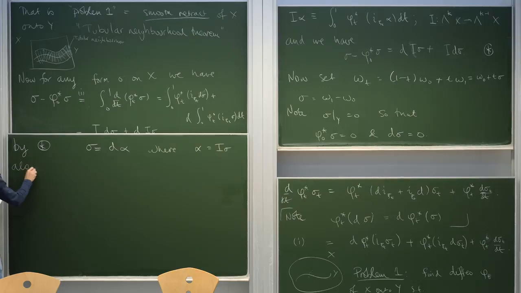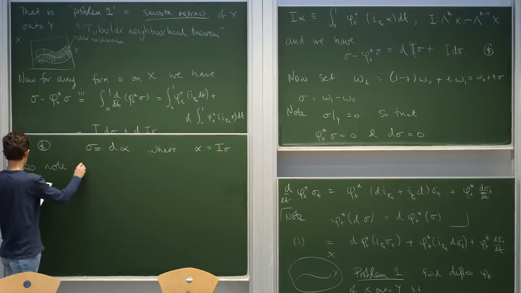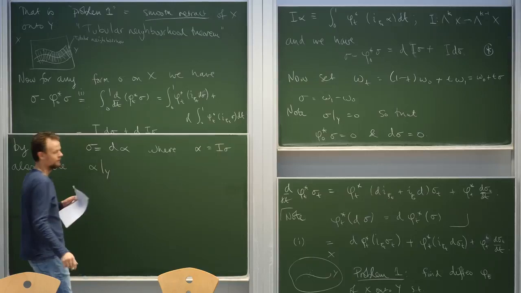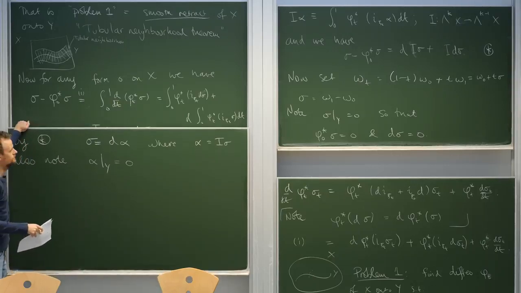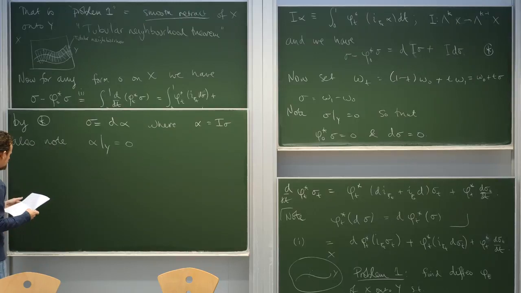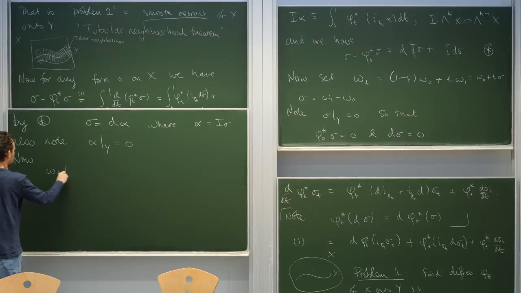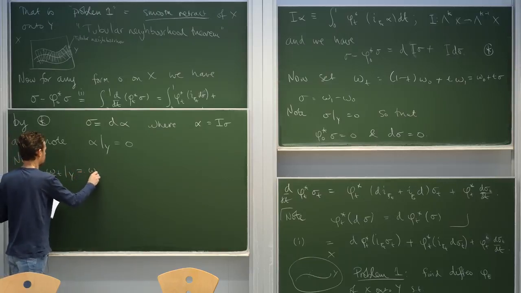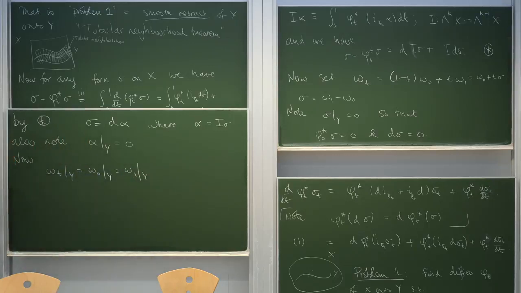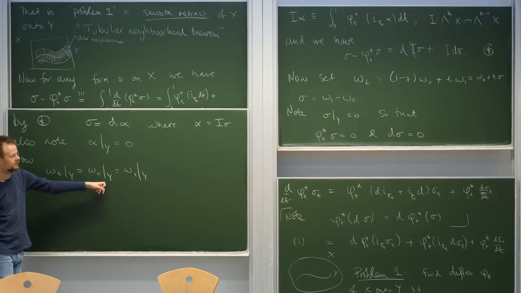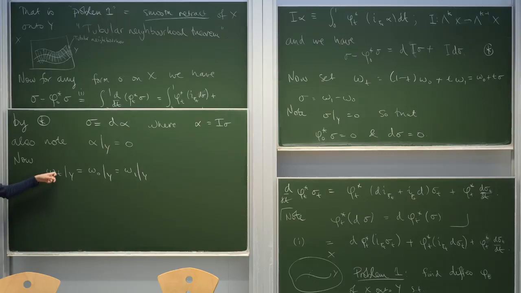And also, note that if you restrict alpha to Y, you also get 0. So now we know that omega t restricted to Y is equal to omega naught restricted to Y, which is equal to omega 1 restricted to Y. So on Y, omega t is constant.